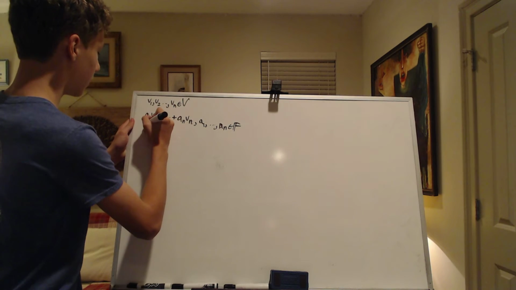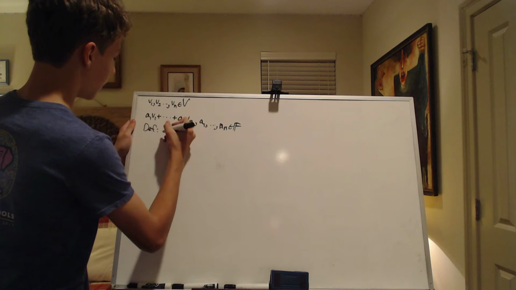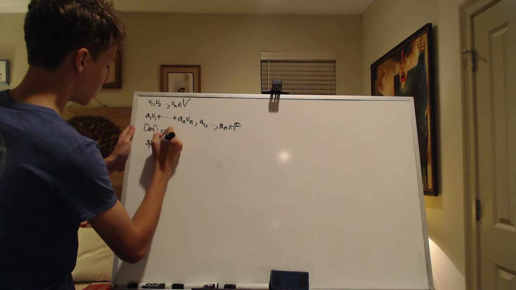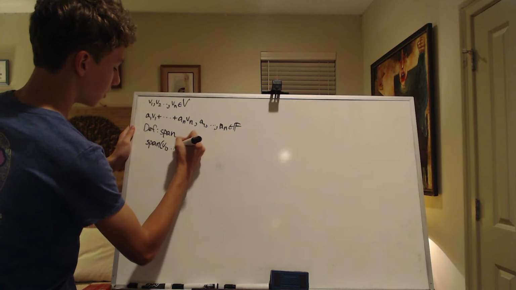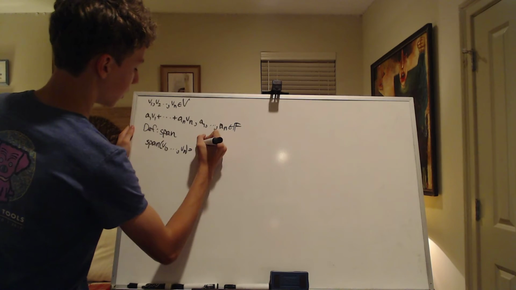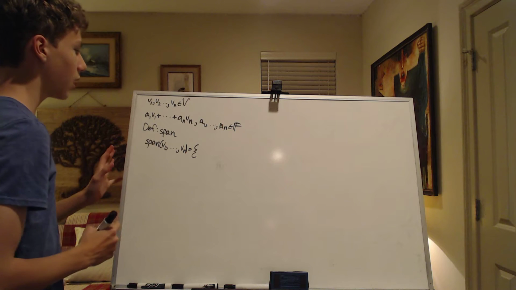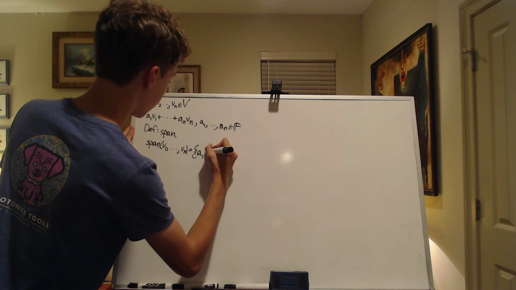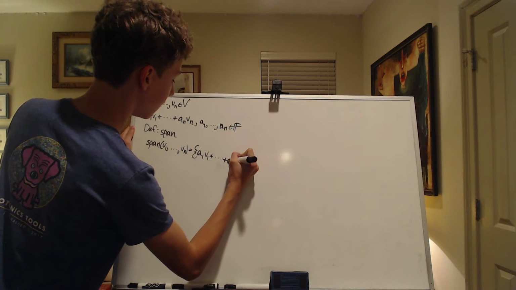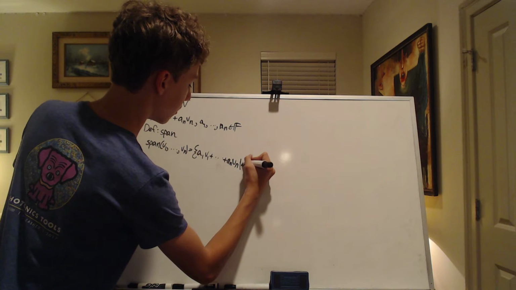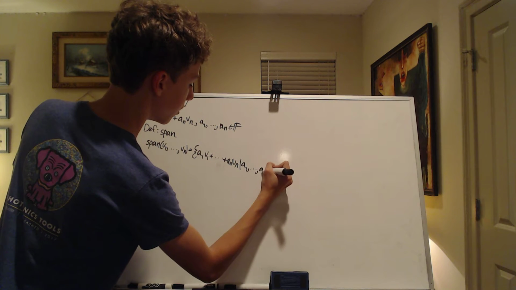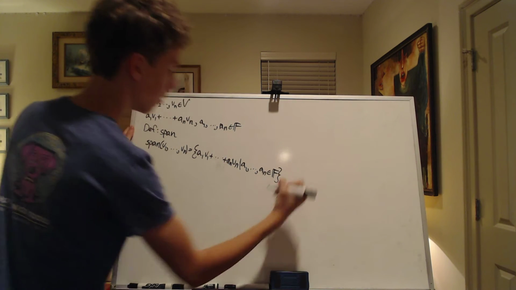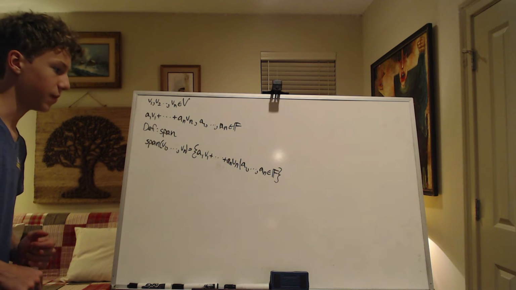Well, by definition, the span of n vectors, denoted as such, is equal to the set of all linear combinations of those n vectors, a1 v1 plus all the way through an vn, such that a1 through an are, again, in a field F. That is the definition of span.